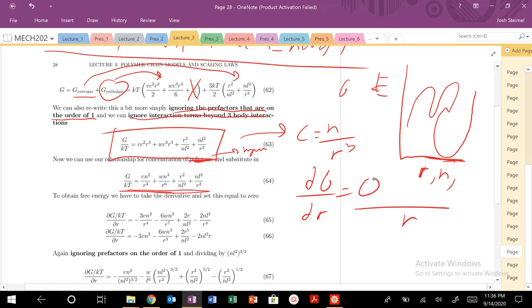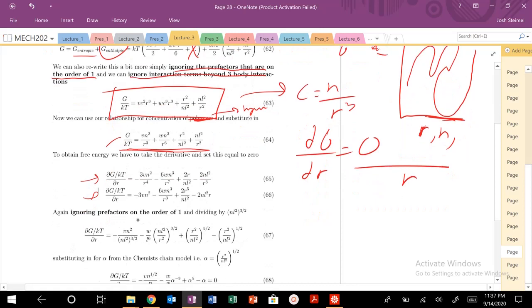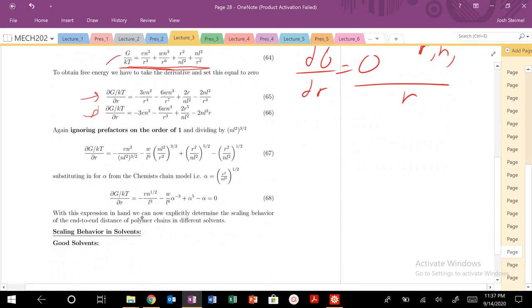When we take that derivative of this function with respect to R, we get this, rearranging a little bit more and getting rid of some of these R values. We get this expression. Then, again ignoring prefactors, dividing by NL squared, and more rearranging, you can double check this math.